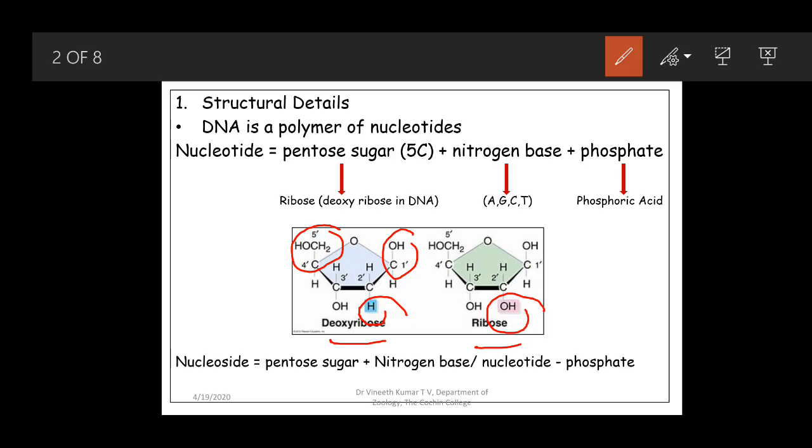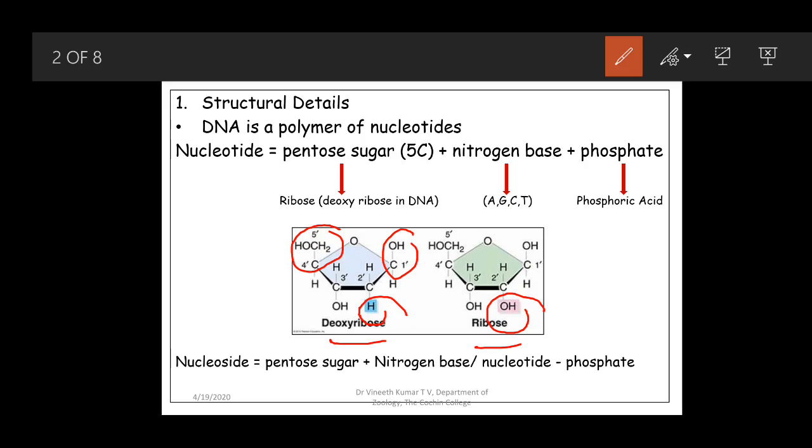These are the important points in this discussion because the C1 carbon is the place where the nitrogen base is going to be bonded to this particular sugar to form a nucleoside, a pentose sugar plus nitrogen base, and at the 5' carbon the phosphate will be attached, and thus a complete nucleotide will be formed.